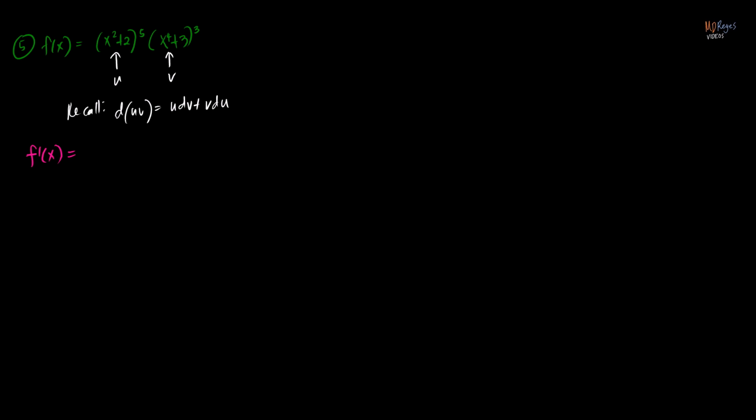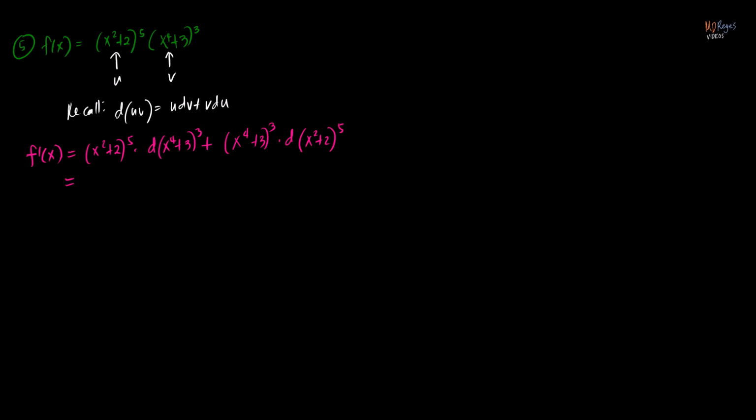So u, which is x squared plus 2 to the fifth, times the derivative of v, where v is x to the fourth plus 3 cubed, plus v times the derivative of u. We get du and dv by using the generalized power rule.